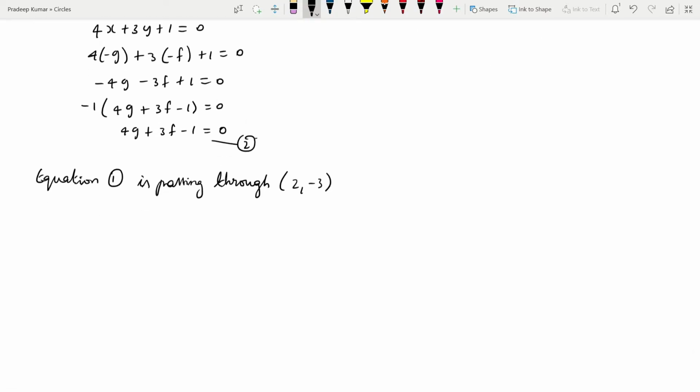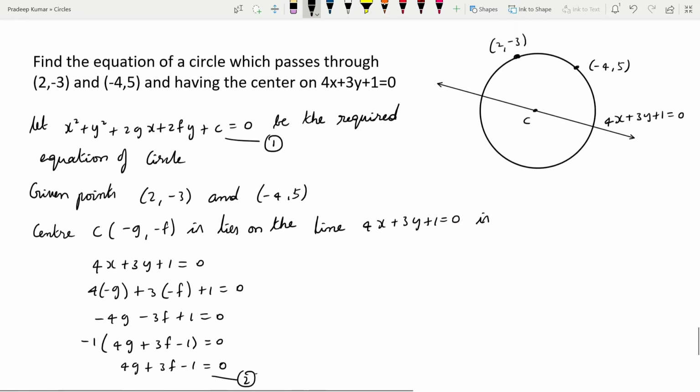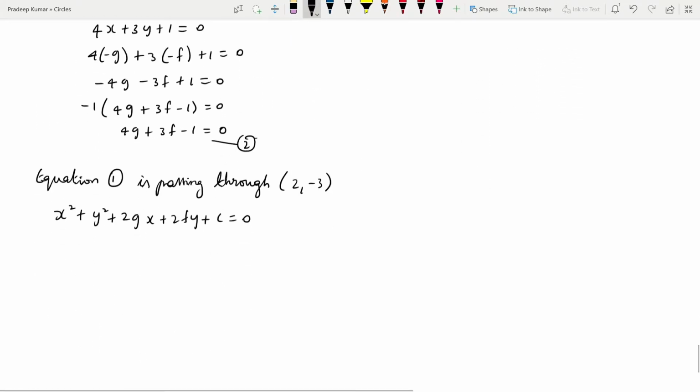Alright, so let's substitute the values. First I'll write the general equation x² + y² + 2gx + 2fy + c = 0. This equation 1 is nothing but the general equation which we had given at the initial point of the question. For that reason we are writing it as equation 1 and substituting the values.